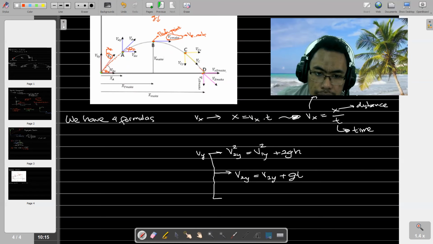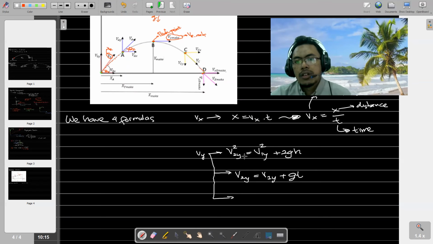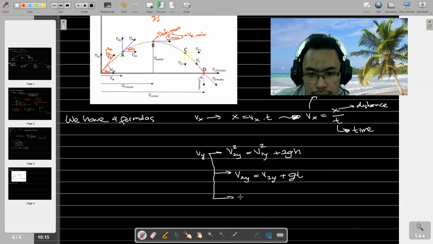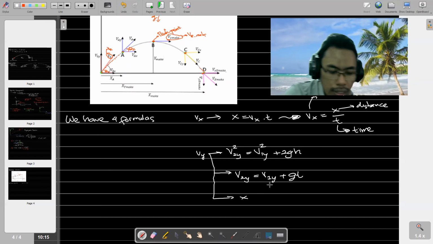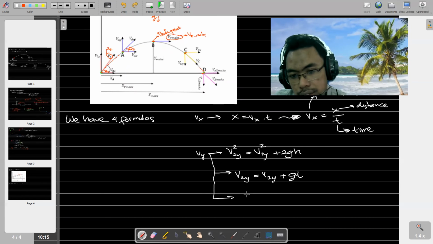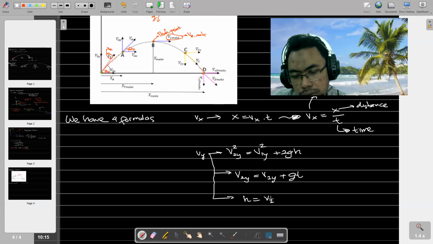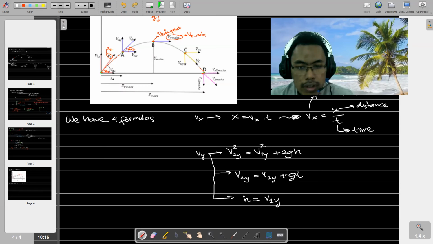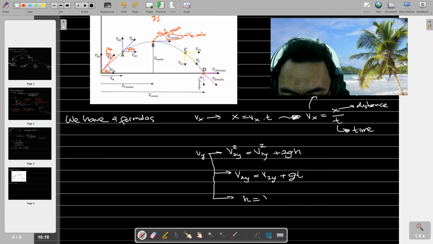And then the other one is, oh no, H, height, tinggi, H equals V1y times T.